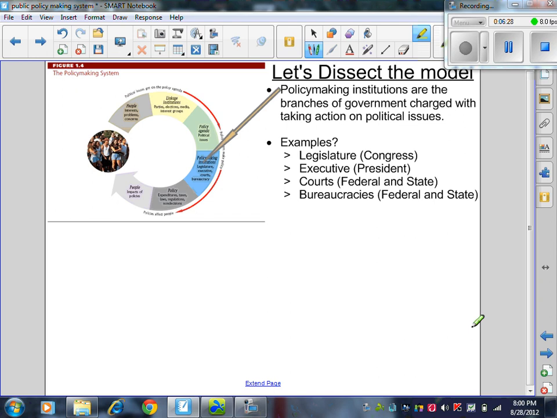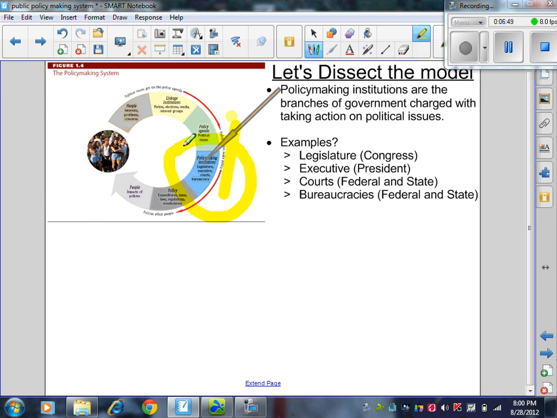And then once we make that loud and clear, we realize that government officials need to pay attention to this as well, which is putting this policy now on the government policy agenda, which you're seeing right here. And then once it's on the agenda, it can get paid attention to by the policy-making institution.